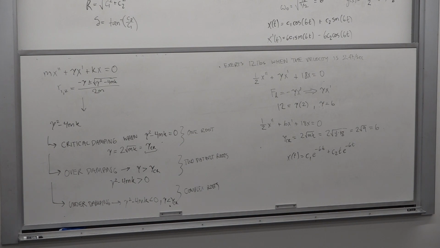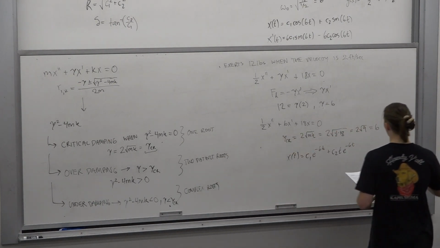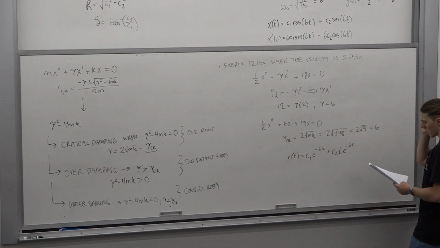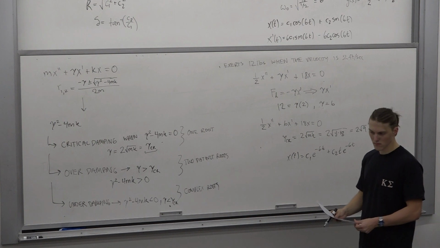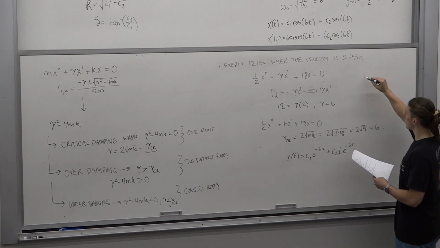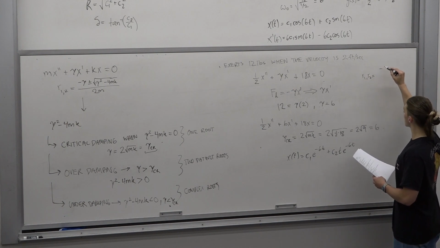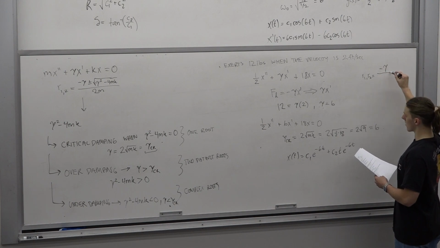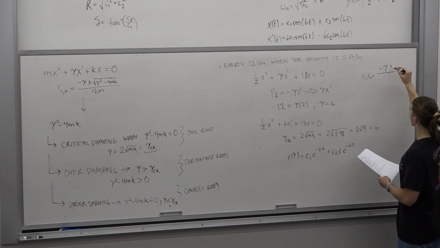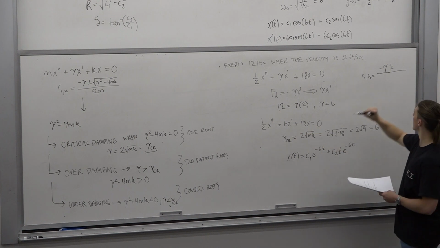Yeah. Why is this 6 negative again? Well, we can work that out. If you just work it out, R1, R2, it's going to be negative gamma plus or minus the square root of the discriminant.